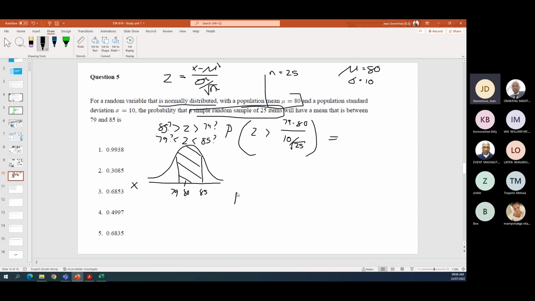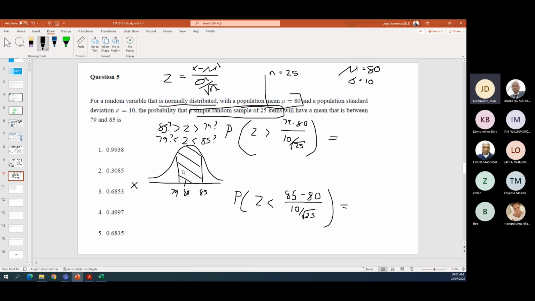And then we also need the other probability: 85 minus 80 divided by the 10. So we need to find two z values, and then between those two z values we get the probability.